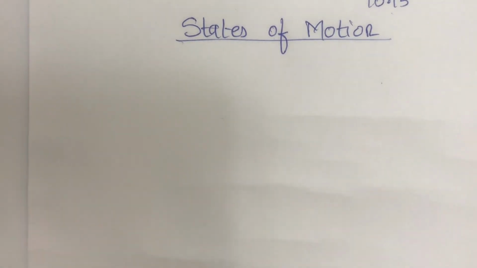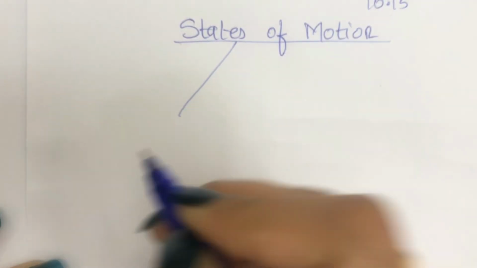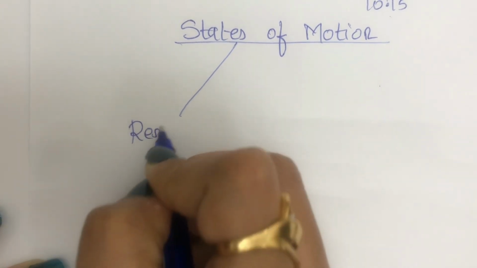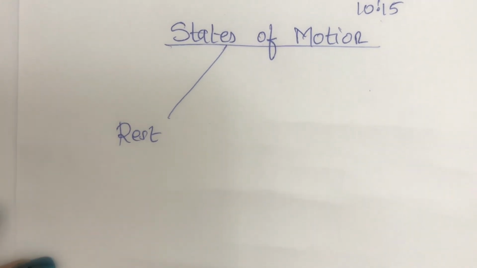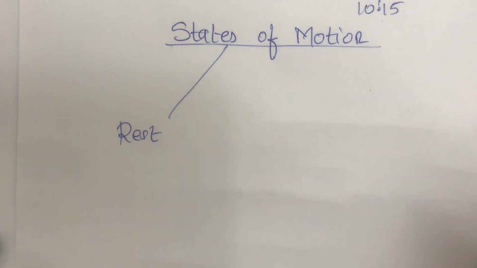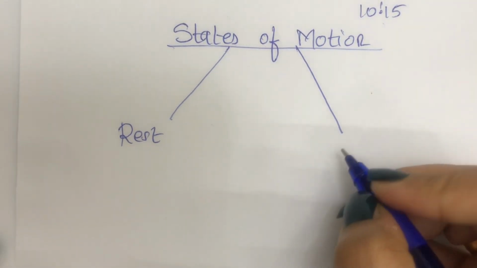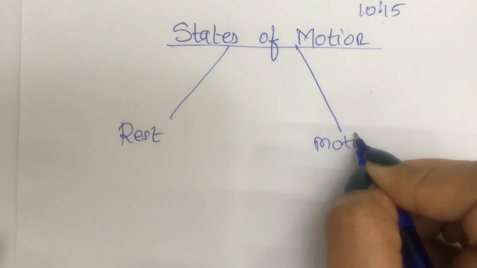Okay, now you know there are two states of motion, right? One is what? One is rest. Rest means what? When your body is not moving at all. That is rest. Okay, and now what is motion? And the next one is motion.